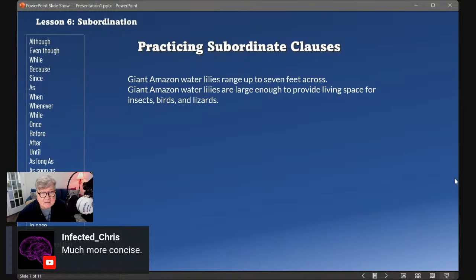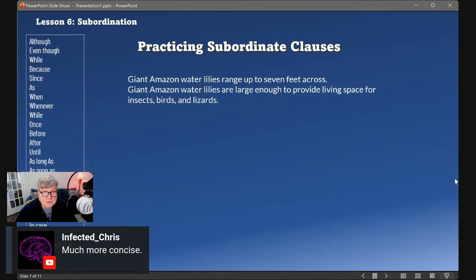Now, what I would like to do is to have you guys tell me how you would revise these. Now look at this one. Here are two kernel sentences. Giant Amazon water lilies range up to 7 feet across. Giant Amazon water lilies are large enough to provide living space for insects, birds, and lizards.